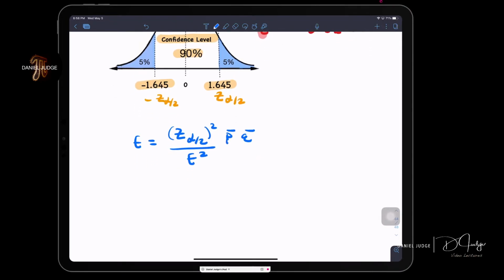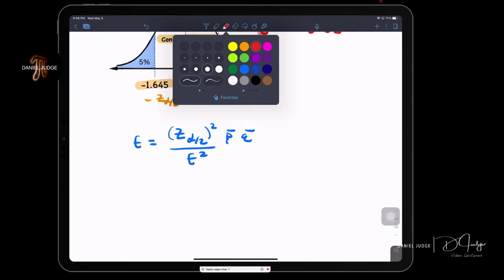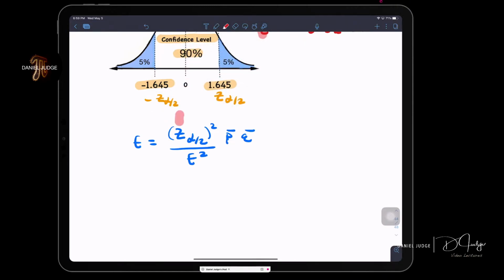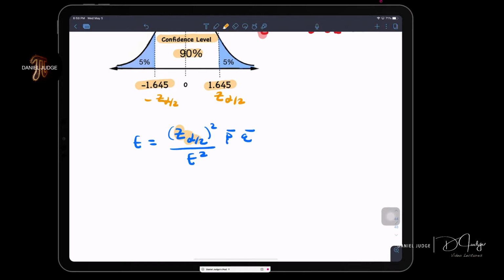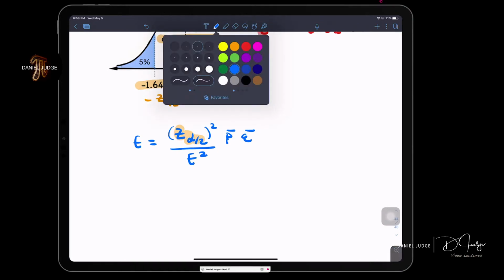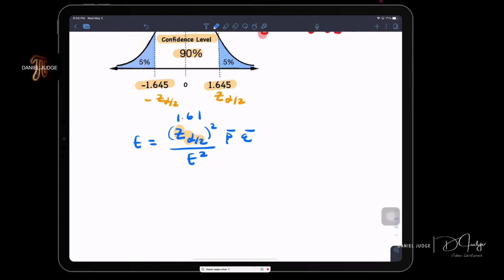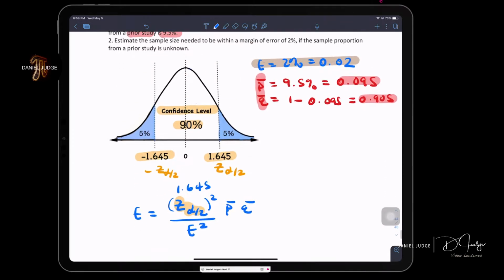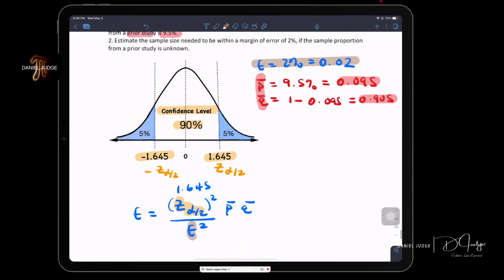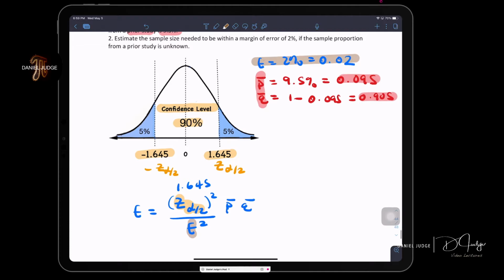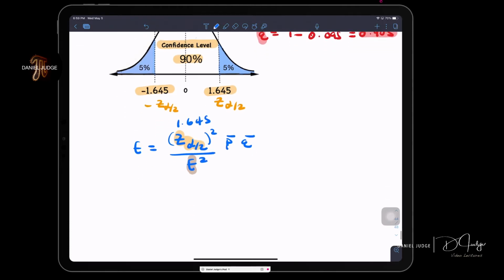And so plug in the values here. This first value, we already know what that is. That's 1.645. My margin of error is 0.02. We know what that is too. That's down here. So that's 0.02. It's 2%.